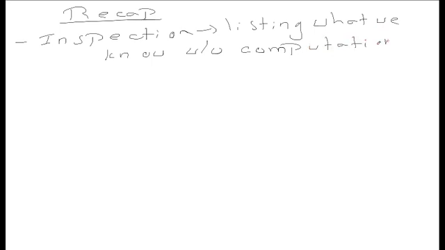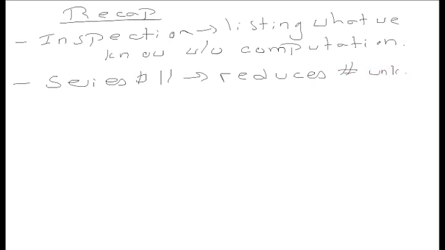Inspection is a very important step. If you don't do it, you may not be able to tell yourself what you do know, and you might think you have more variables than you actually do. The next step is we use series and parallel. This reduces the number of unknowns and equates them.